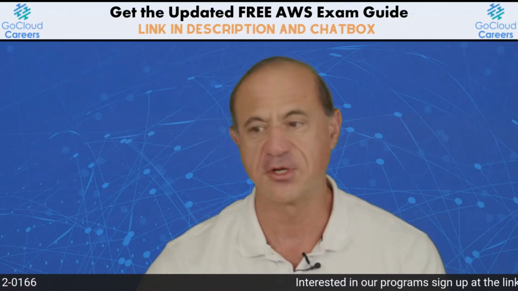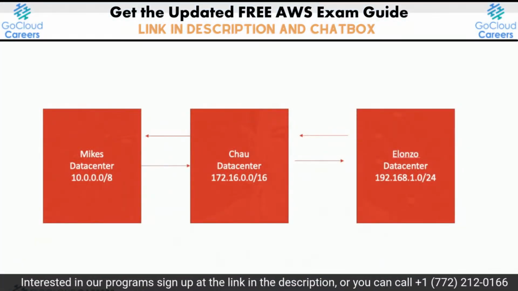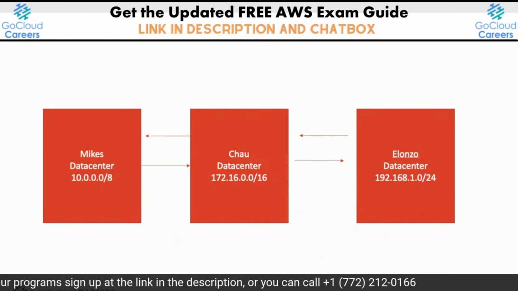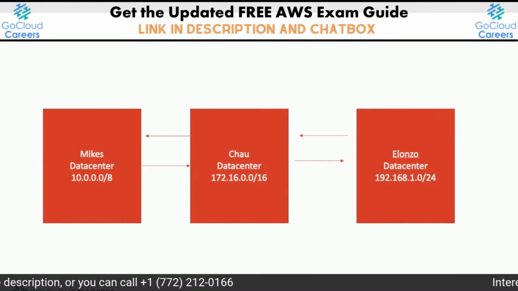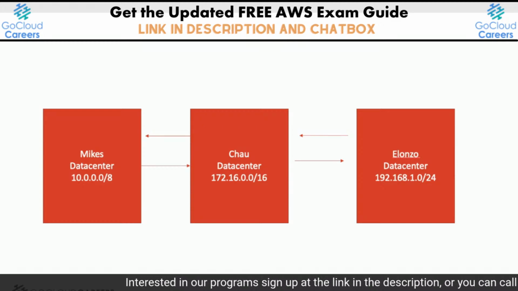Now, let's briefly talk about what no export means. Normally speaking with BGP, let's say you've got 3 of us that want to talk to each other. We've got my data center, my superstar cloud architect Chow, and Alonzo, also from my team, my chief content officer, and we want to exchange information between us.